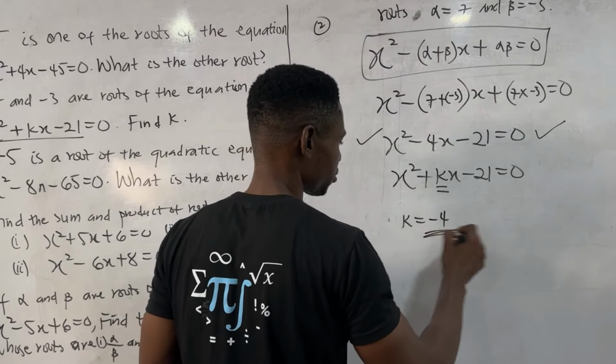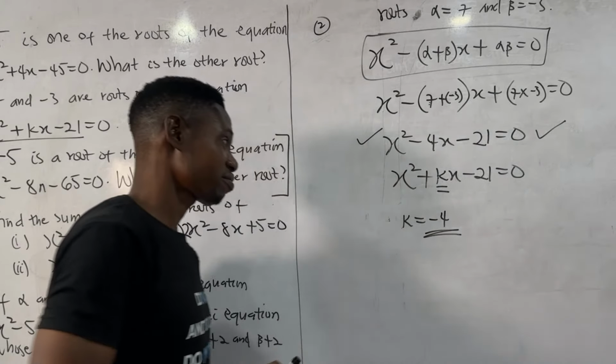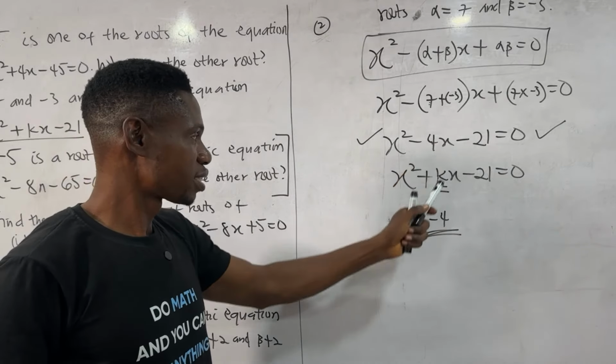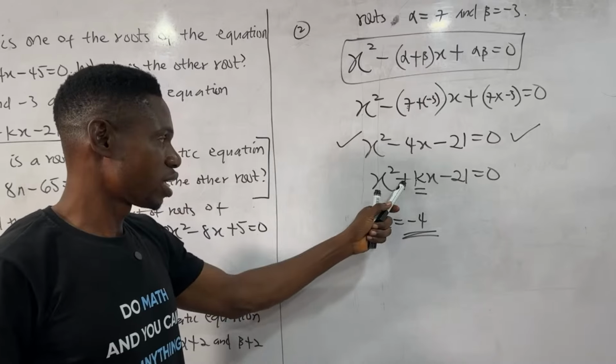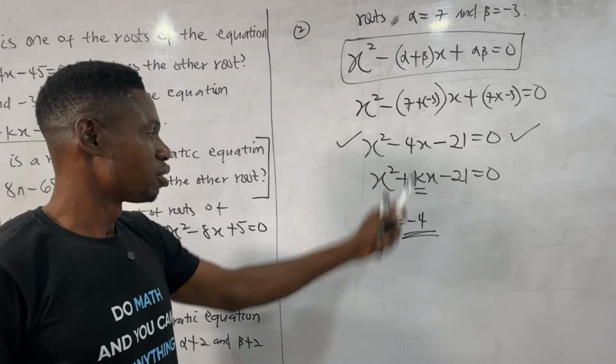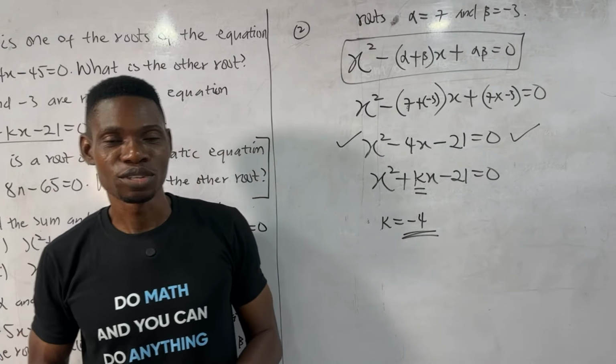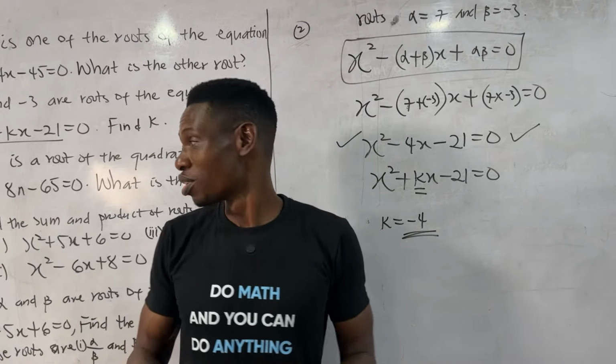Minus 4. Minus 4 is the coefficient of x, so k is the coefficient of x. So k is equal to minus 4. And that's it. So we've solved questions 1, 2, and 3.